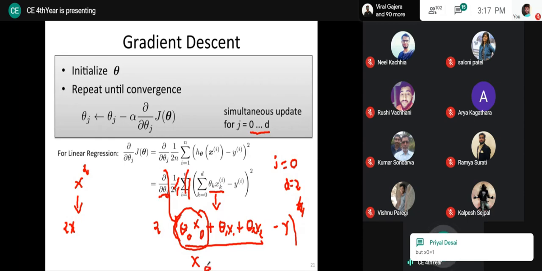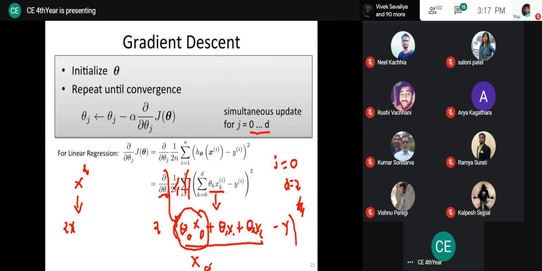Yes, with respect to theta 0, it's 1, but 1 into x0, so the answer will be x0. Yes, the final answer will be 1 if I consider that x0 is equal to 1. But let's just keep x0 as x0 itself, because later we will have a similar equation for x1 as well as for x2 too.